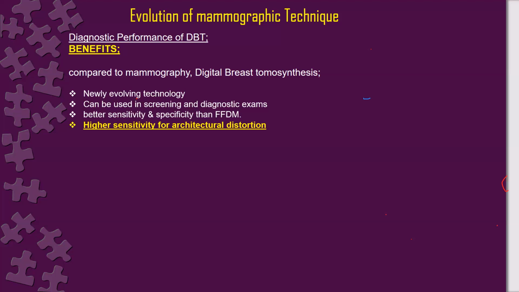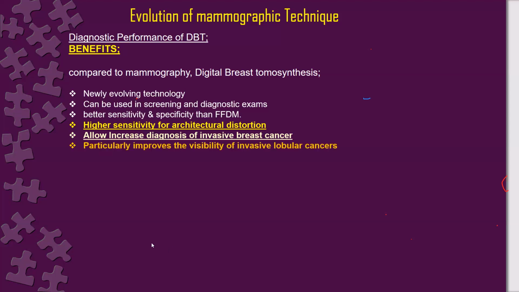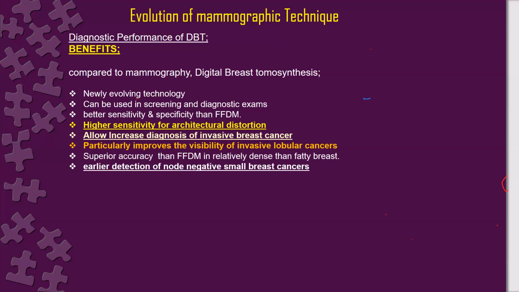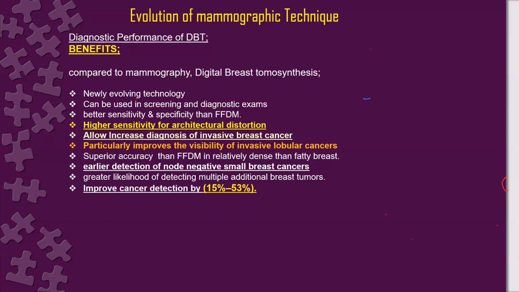It has a higher sensitivity for architectural distortion, allows increased diagnosis of invasive breast cancer, and particularly improves visibility of invasive lobular carcinoma, an area of challenge. It has superior accuracy than full digital mammography in relatively dense rather than fatty breasts, earlier detection of node-negative small breast cancer, greater likelihood of detecting multiple additional breast cancers, and improved detection of breast cancer by up to 53%.